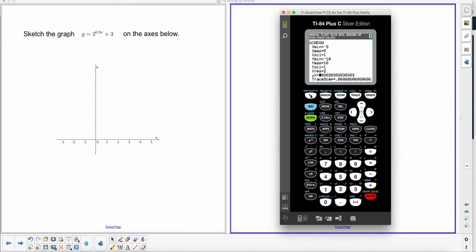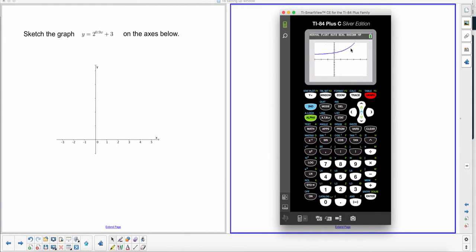I go to the y equals menu to type in 2 to the power of 0.9x. On the older calculator you'll need to use brackets here. Add 3 and press enter. I double check to make sure it's matching the function given on the paper. I'm good to go, so I'll press graph and look to see what I see.